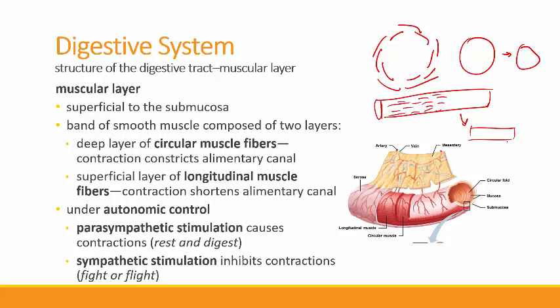The muscle fibers are under autonomic control, both parasympathetic and sympathetic control. And if you recall, the way I think about it is that the one that sounds so sweet and kind, oh, so sympathetic, that's fight or flight. So it's kind of opposite in my mind. The sympathetic division is the fight or flight division. The parasympathetic division is rest and digest.